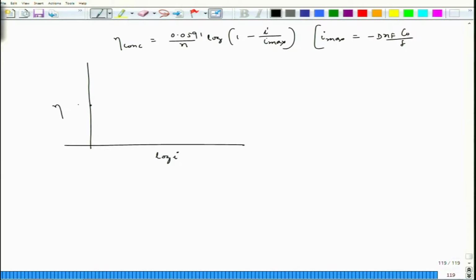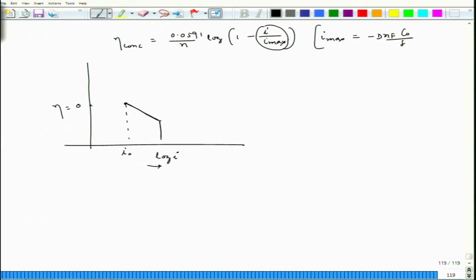Now, when we have 0 overvoltage, this is I0, where the polarization is nil, then first activation polarization will start, and once we reach I max, this becomes 1 minus 1, so eta concentration would be infinite.